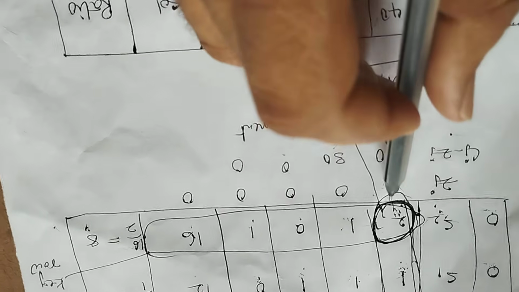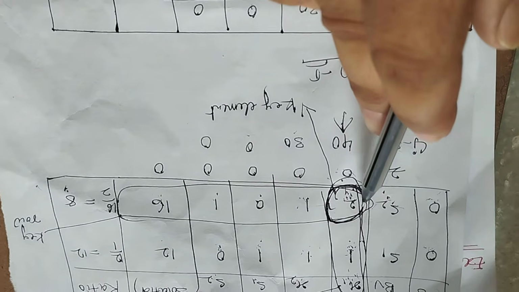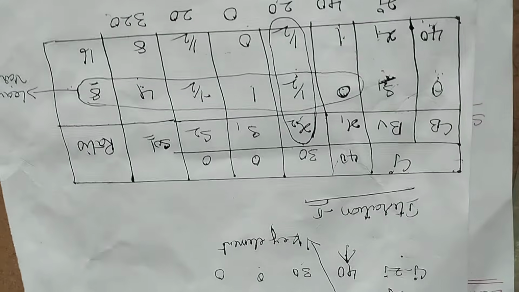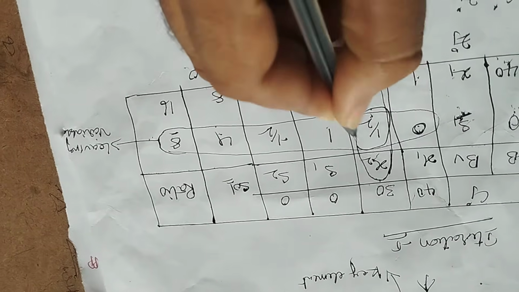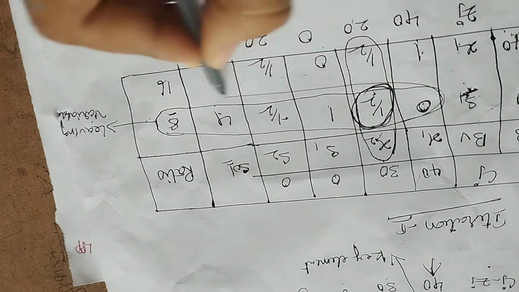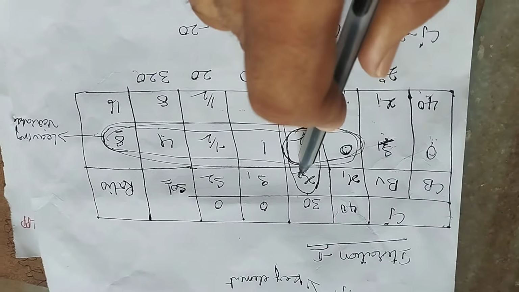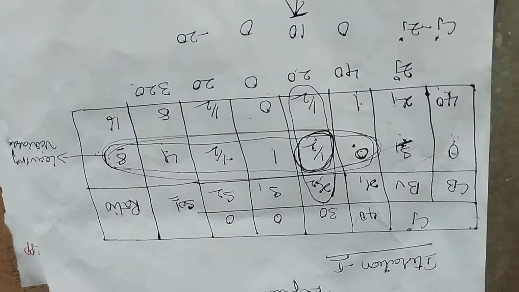Now, as per the previous rule, if we want to write the new key row, what did we do? We divided the entire row by the key element. Similarly here, the key element is 1 by 2, so divide the entire row by 1 by 2. Here 0 by 1 by 2 is 0.